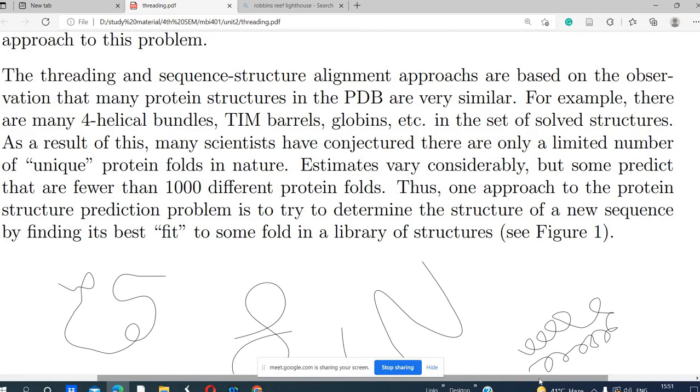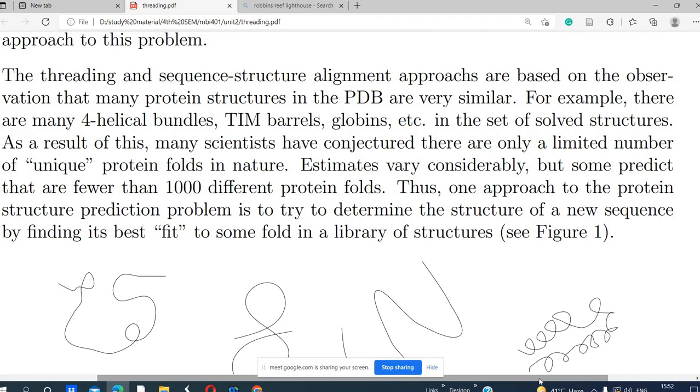But what is the important information that we derive from this? There are unique folds that are found in nature, in the structure of proteins. We have to discover those unique folds in an unknown protein sequence, whose structure is not defined in the protein data bank.